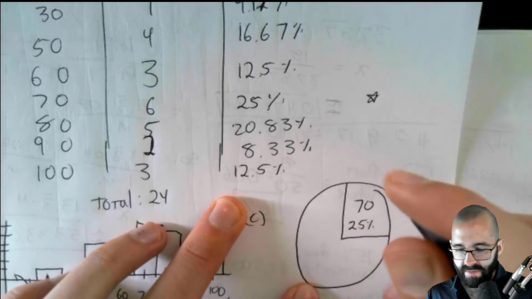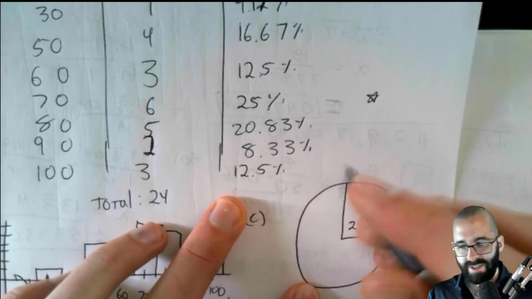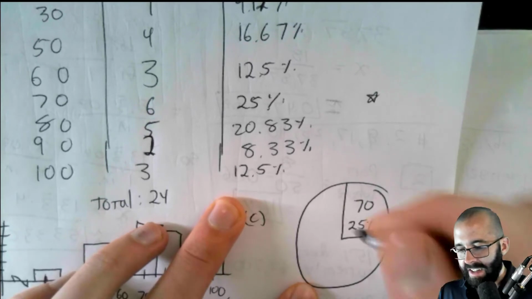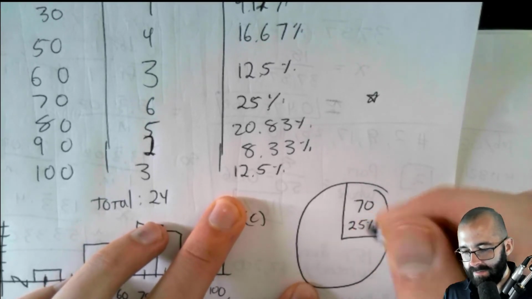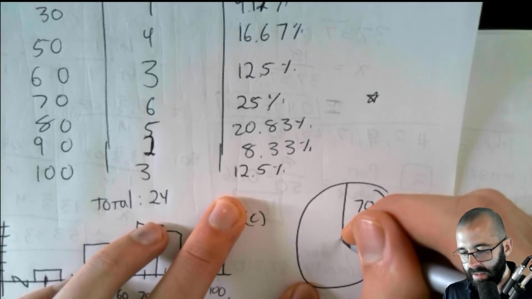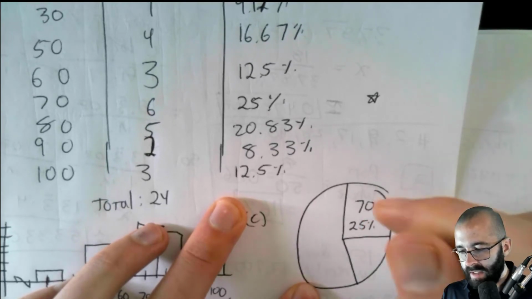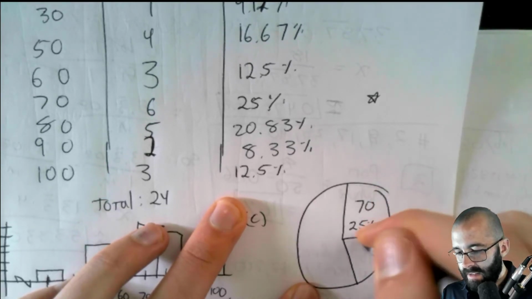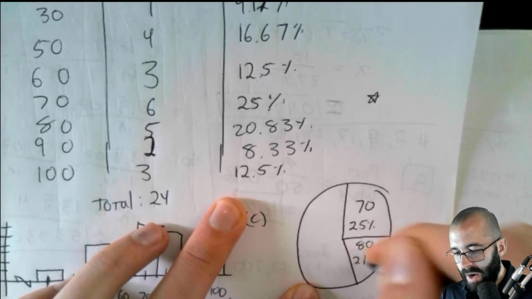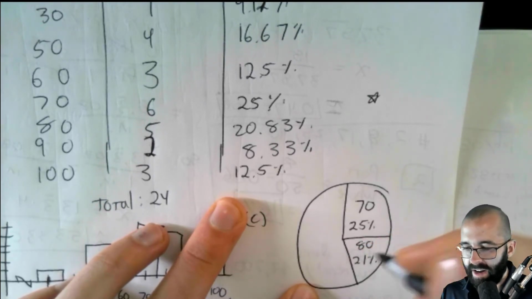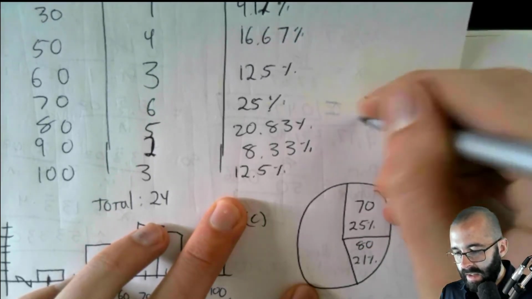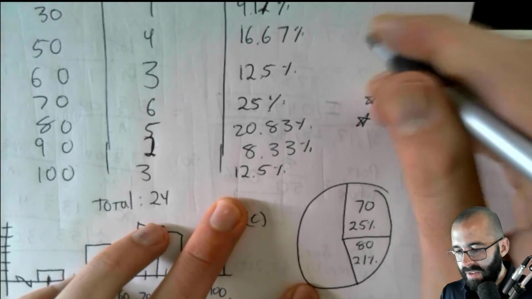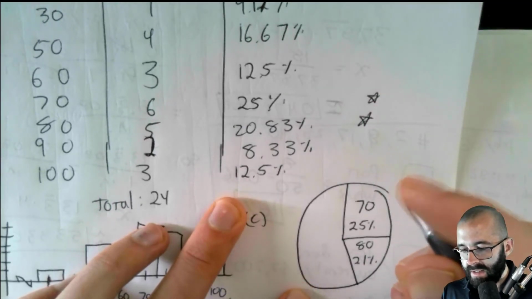So that's about a fifth of the circle. This gets really hard when there's more of these. A fifth of the circle. So maybe like this. That's going to be 80s. It's about 21%. And we're going to run out of room on this very quickly, right? Next is going to be 50s, which is a sixth of the circle.